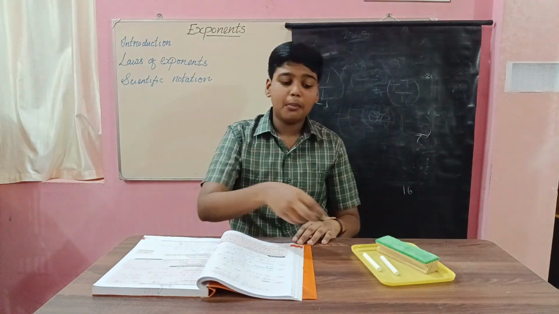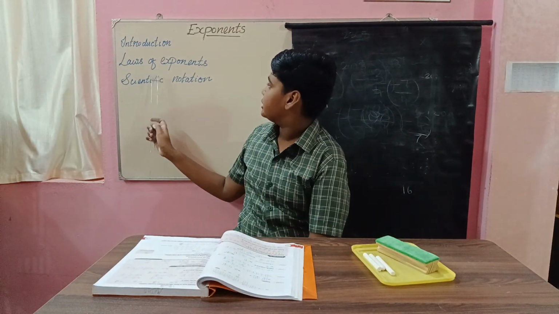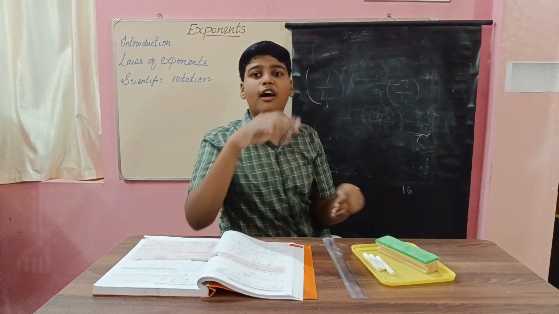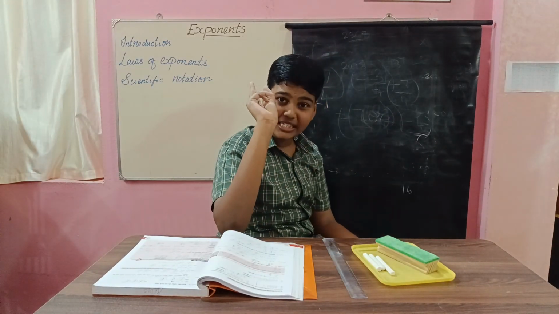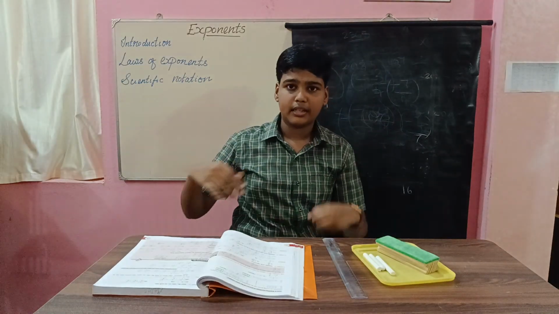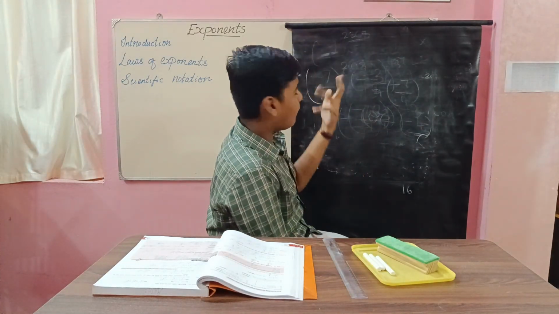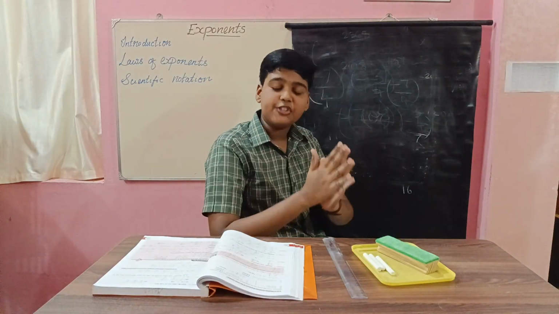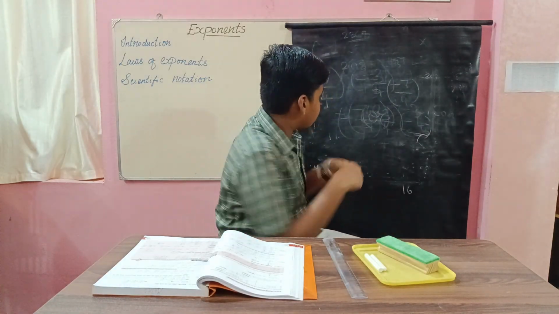And now we are going to move to the important topic known as the laws of exponents. We have laws of exponents for only two operations: multiplication and division. Addition and subtraction we don't have. And I forgot to tell you this one.